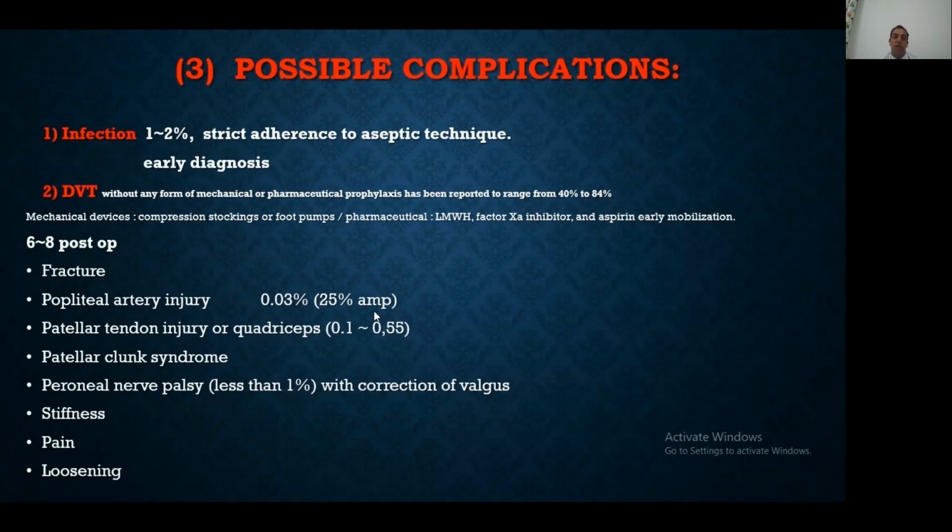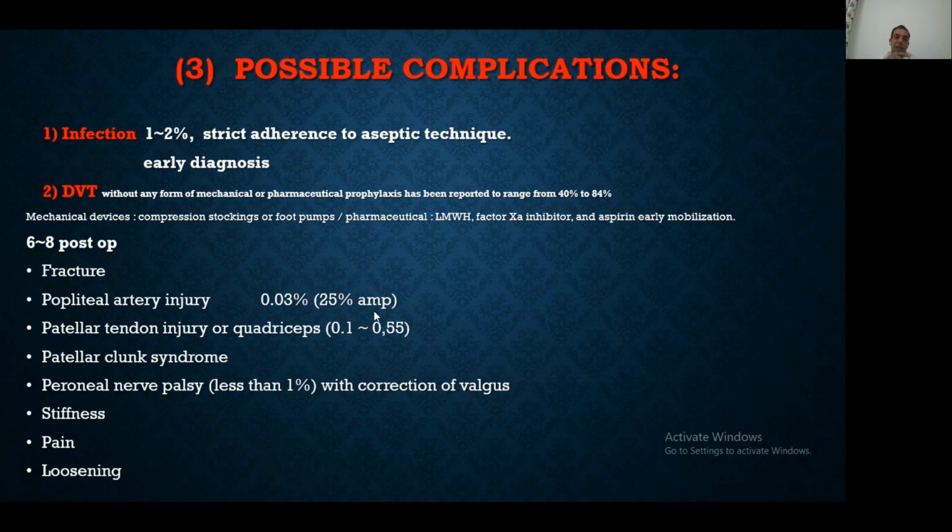Patellar tendon or quadriceps injury, which we have spoken about, the extensor mechanism is very important to keep in place during the operation. There is something called patellar clunk syndrome. This is a soft tissue nodule formation, like a ball of soft tissue in front of the knee above the femoral component.